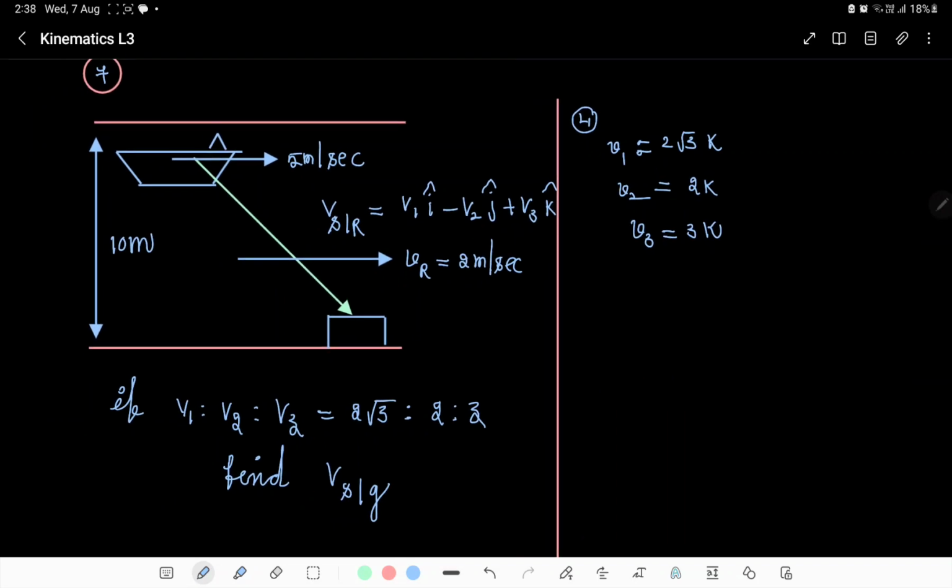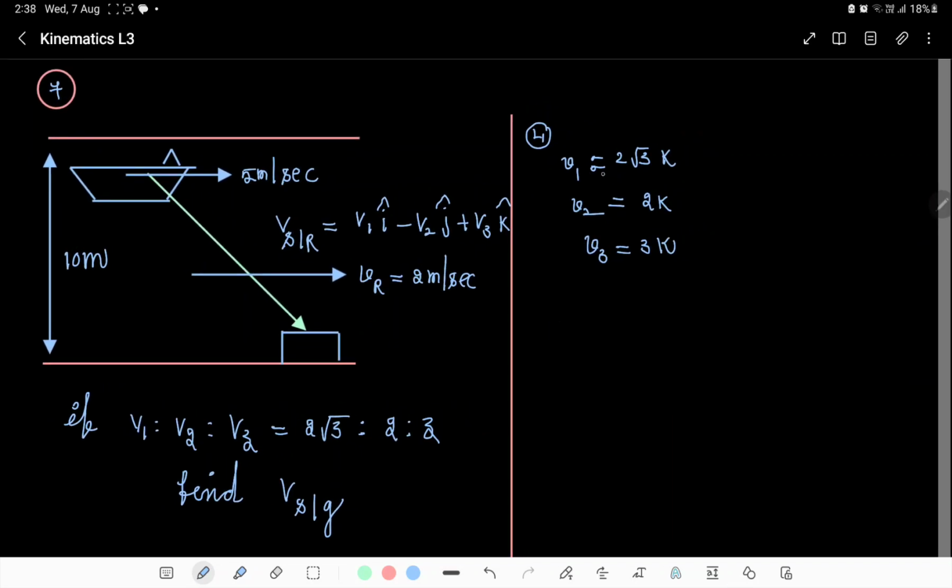If you observe this diagram, v1 is along the x-axis, v2 is along the y-axis and v3 is along the z-axis. The stone is moving 10 meters in the y direction to hit the block.